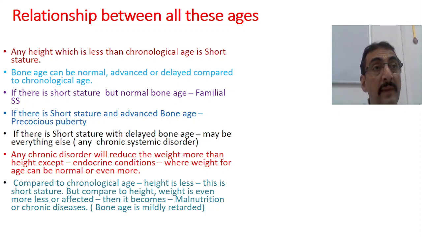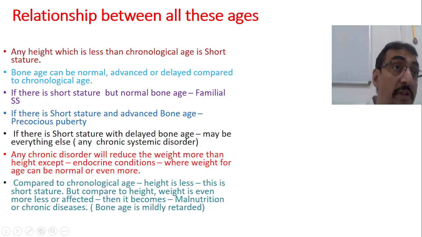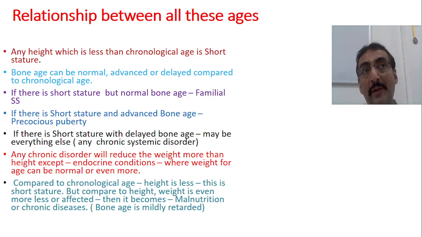Second situation, compared to the chronological age, height is less, उस chronological age के हिसाब से height is less, okay, he is in short stature, okay, but now compared to the height, उसका जो height है 10 साल में, उसका जो हाइट है वो कम है, उस हाइट के कंपैरिजन में उसका वेट और ज़्यादा कम है, ठीक है. नाउ दिस विल नॉट पॉइंट टुवर्ड्स द एंडोक्राइनल कंडीशन, दिस विल पॉइंट टुवर्ड्स माल न्यूट्रिशन. ओके, सो दिस विल पॉइंट टुवर्ड्स माल न्यूट्रिशन. सो दिस इज वन कंडीशन वेयर बोन एज इज माइल्डली रिटार्डेड, क्योंकि माल न्यूट्रिशन चल रहा है, सो बोन एज इज माइल्डली रिटार्डेड.